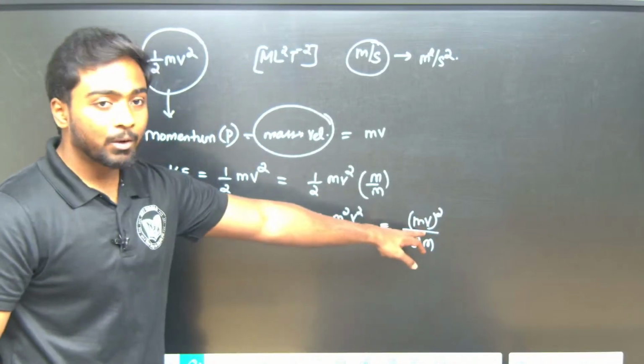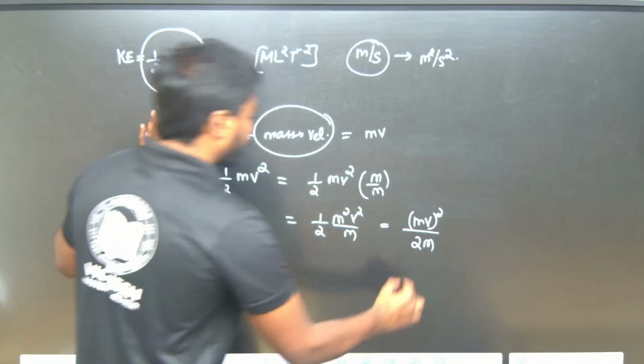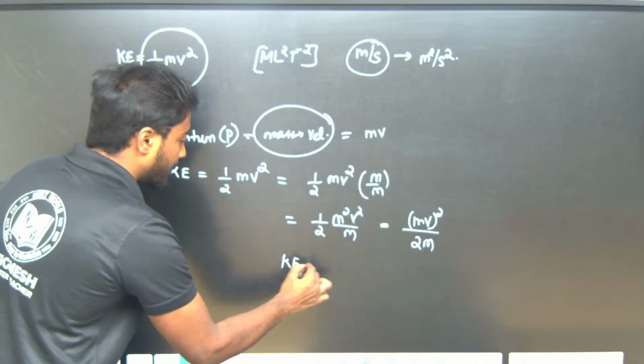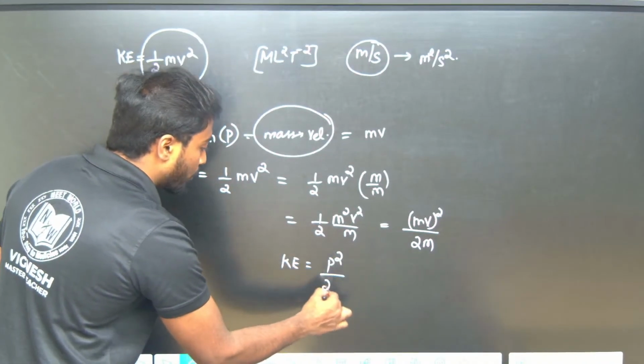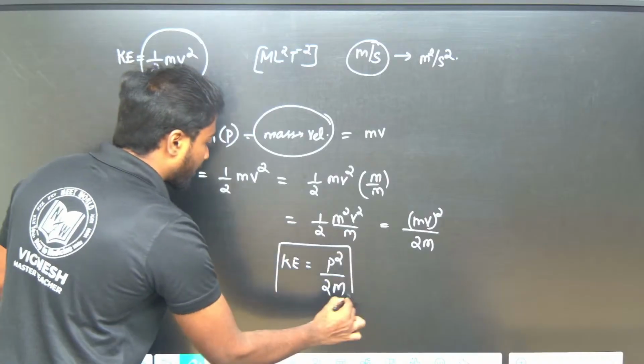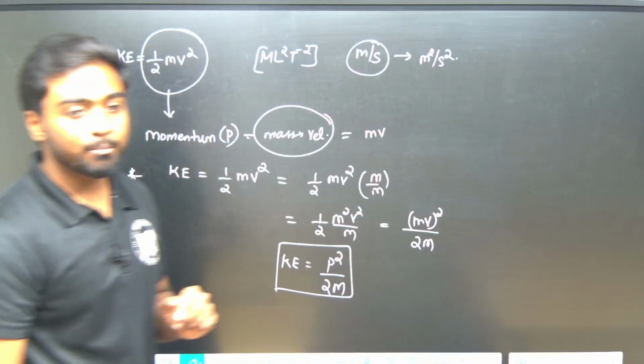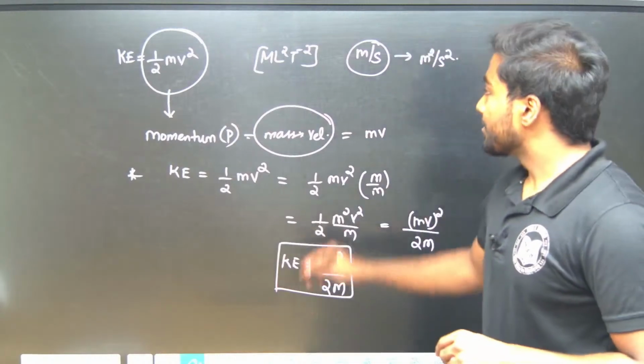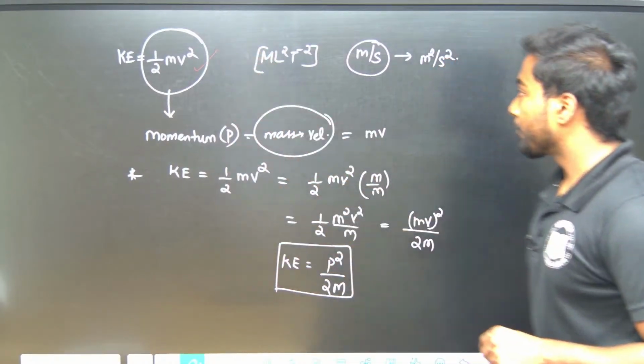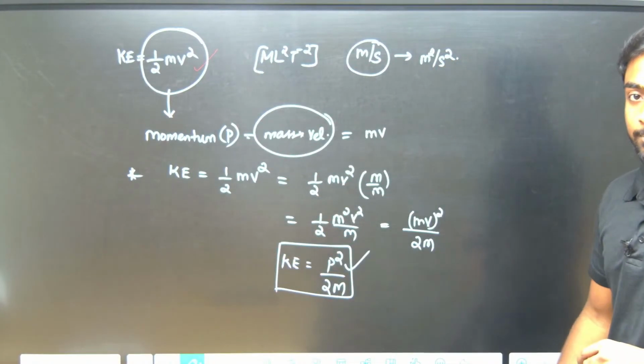What is mv now? It is momentum. So I can rewrite it as kinetic energy equals p square by 2m. This is another formula of kinetic energy in terms of momentum. One formula is half mv square, the other formula is p square by 2m.